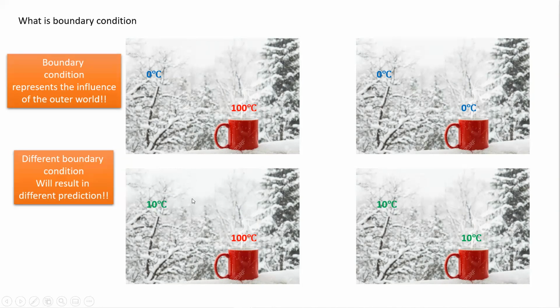If I ask you to predict the temperature of the water after 5 hours, it's clear that in the first scenario, the temperature will be 0, and in the second scenario, the temperature will be 10. So you can see in a long-term simulation, the final state of your model is decided by the boundary conditions. And that's why boundary conditions are so important in simulations.